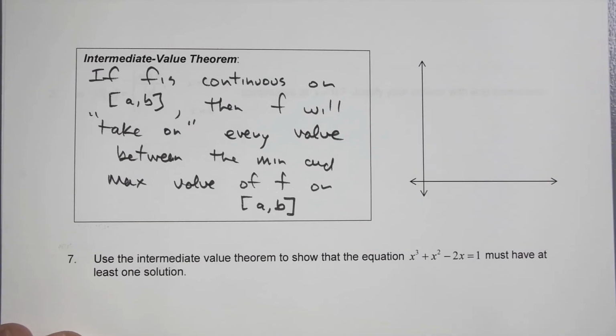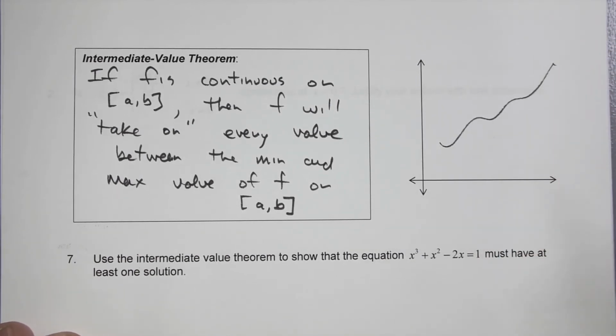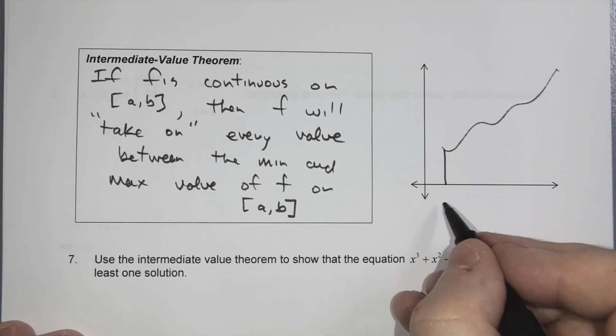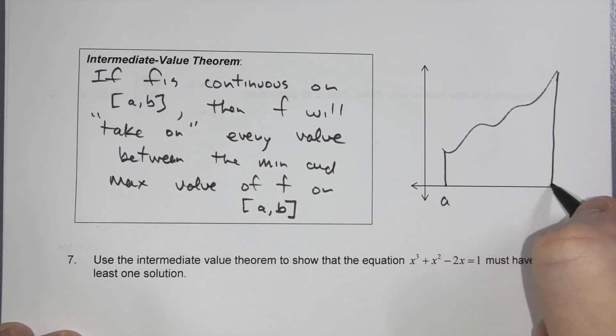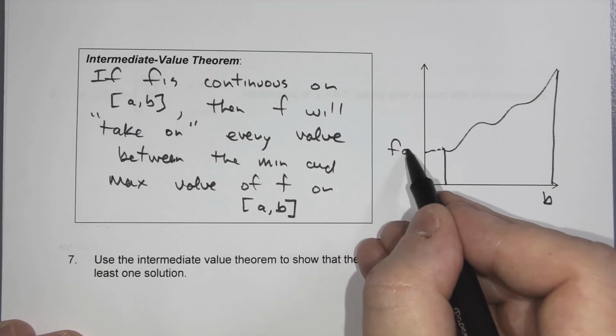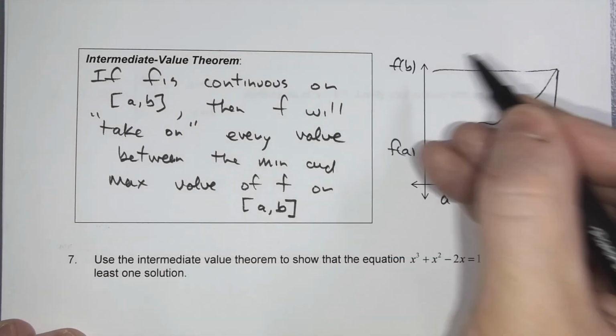Okay, so what does this mean in picture form? It means that if we have some kind of crazy function, I'm drawing it increasing just for ease right here, but it really doesn't matter. And if it's on an interval and there's an a and there's a b, that means that this is f of a and this is f of b.